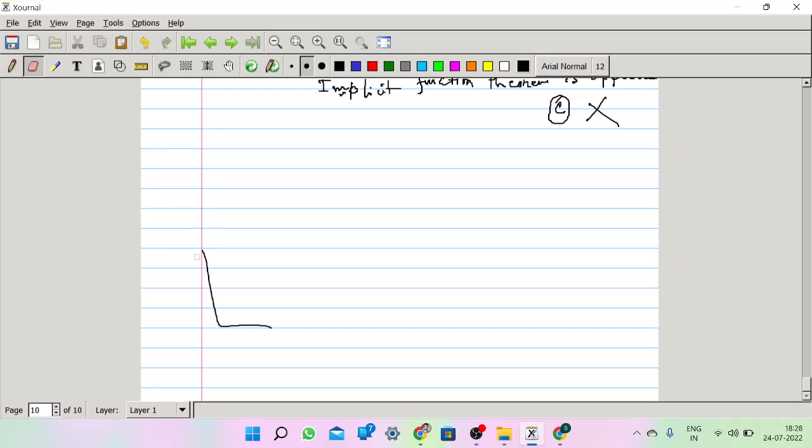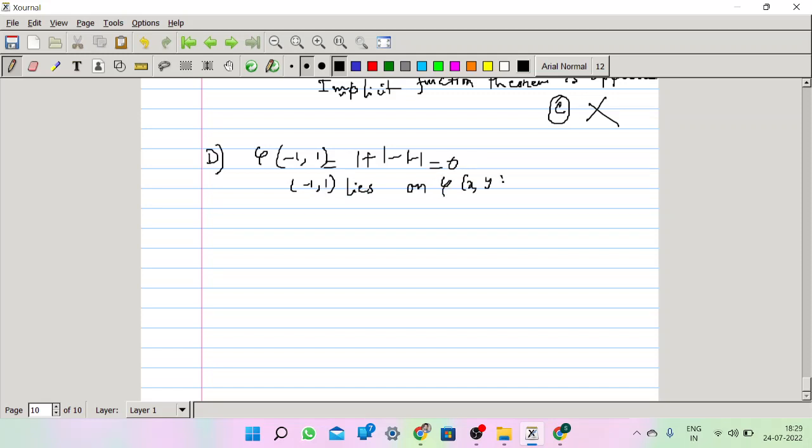From options A and B, but again I am writing, phi at minus 1 comma 1 is 1 plus 1 minus 1 minus 1, that is 0. So minus 1 comma 1 lies on phi of x comma y equal to 0.